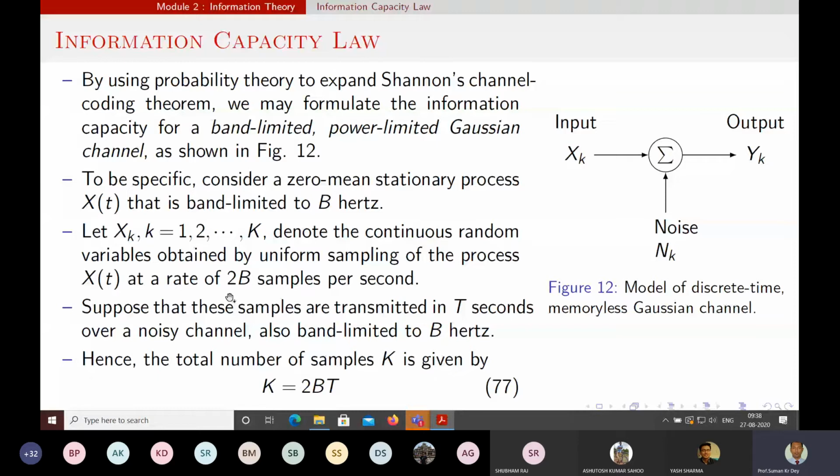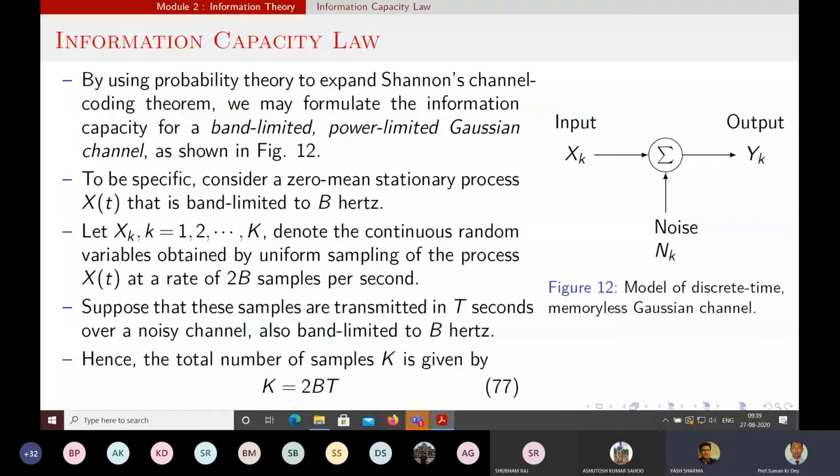So basically, you already studied the sampling theory. What is the condition for the sampling theory?